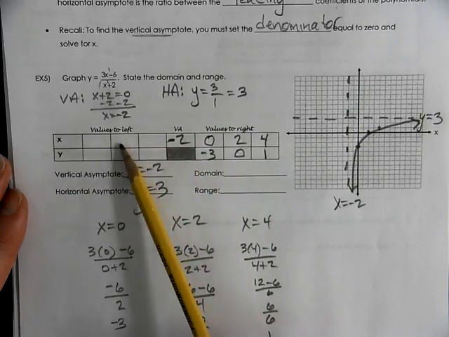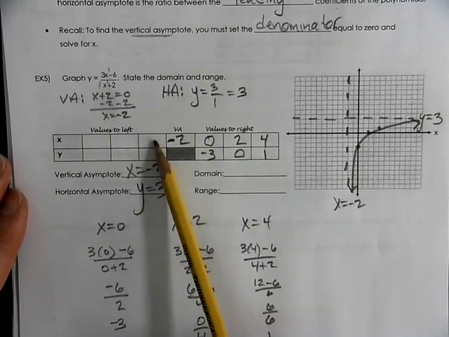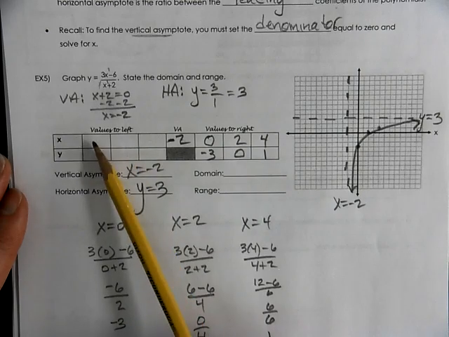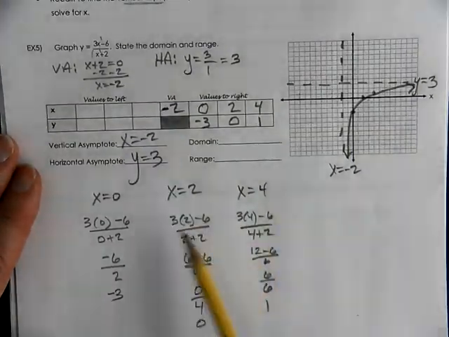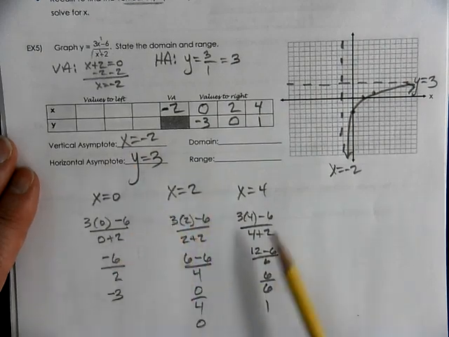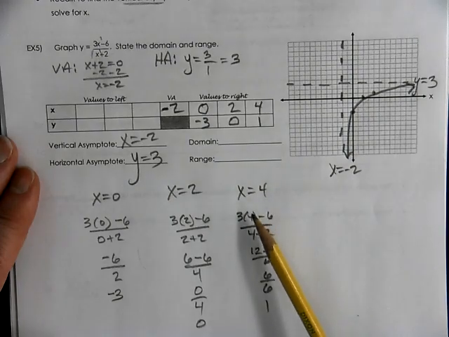You could pick points to the left of it. Maybe since you went to the right, you'd actually go to the left. We went 4 to the right, you'd probably go 4 to the left, and then more. All right? Those would be logical points to pick. If you really like calculating these, go ahead and calculate more points. Most people would prefer not to recalculate. This isn't their favorite part of the math.